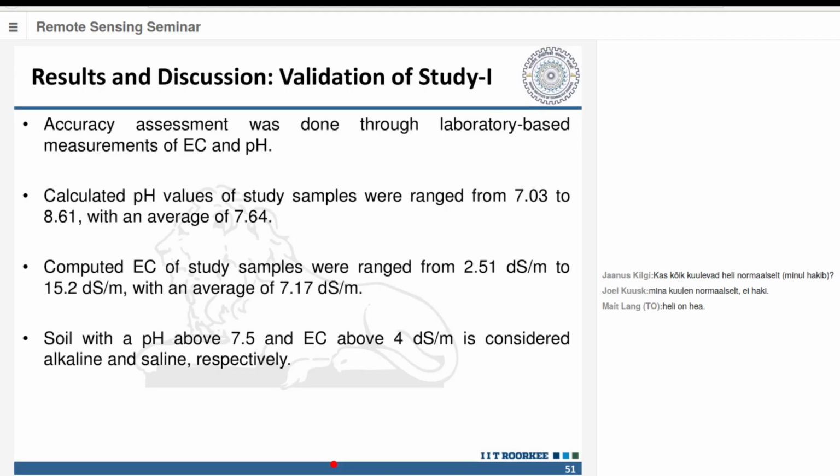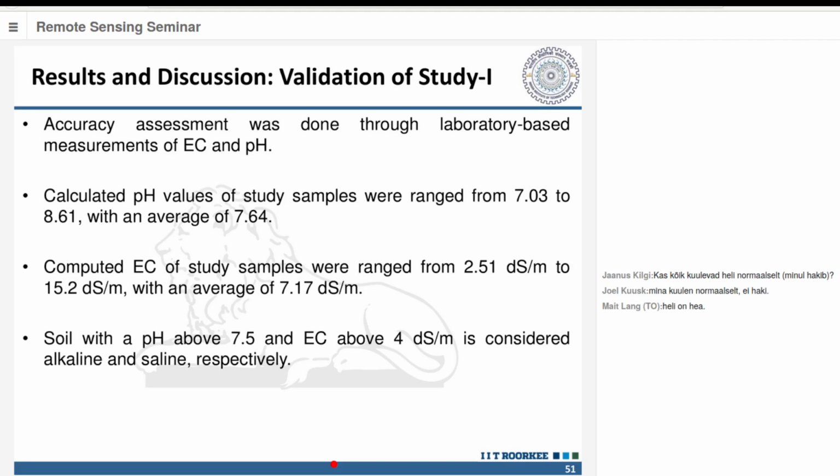Now the accuracy assessment was done through laboratory-based measurement of electrical conductivity and pH. Calculated pH values of the study samples ranged from 7.03 to 8.61 with an average of 7.64. Computed electrical conductivity of study samples ranged from 2.51 dS per m to 15.2 dS per m with an average of 7.17 dS per m.